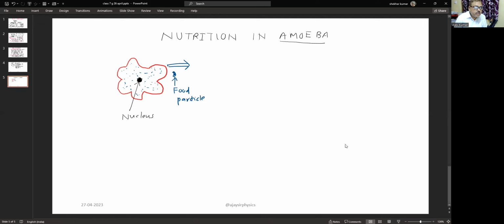We will draw the diagram. Yes, how to draw the diagram of a unicellular organism. Yes, you can see here. It needs more practice.